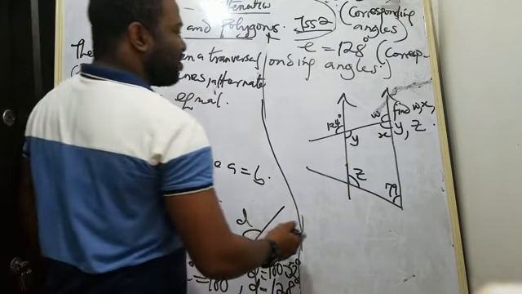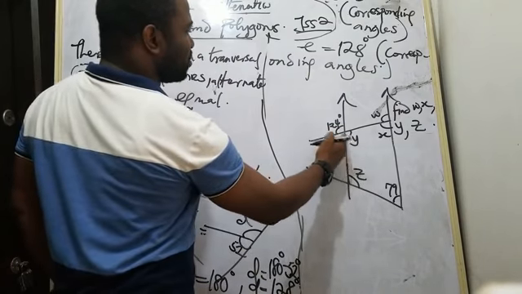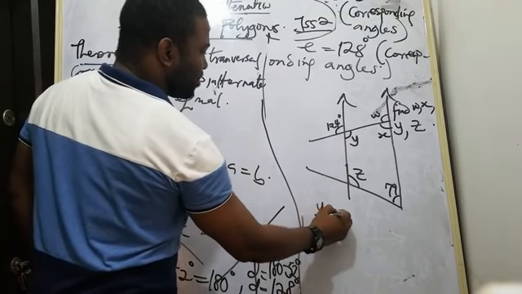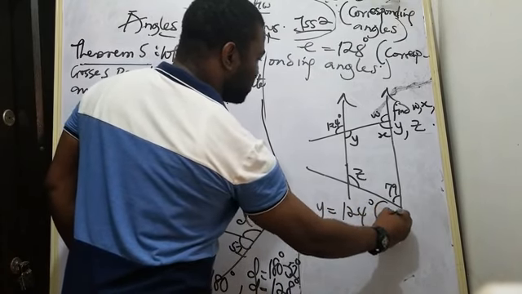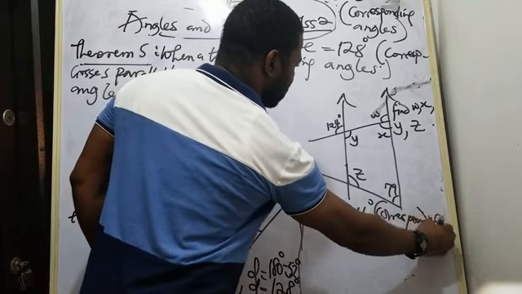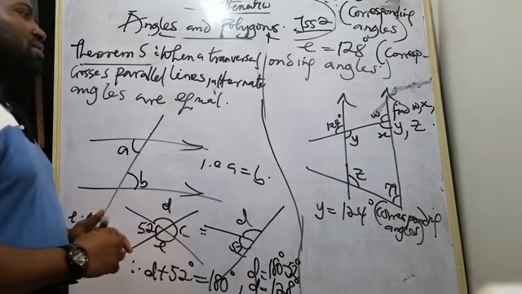Now, if you have here to be equal to 124 degrees, here will also be what? 124 degrees. So y is equal to what? 124 degrees. Corresponding angles.